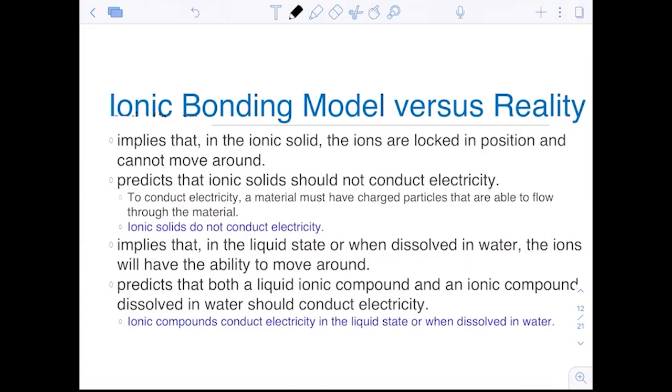However, we can't just put a light bulb in sodium chloride and expect something to happen. And when in the liquid state or when dissolved in water, the ions have the ability to move around. We'll talk about what that looks like a little bit later. And it predicts that's when the ions are free-flowing and can actually conduct electricity.